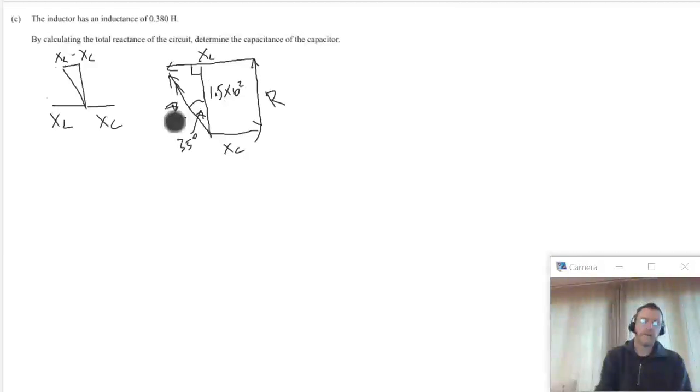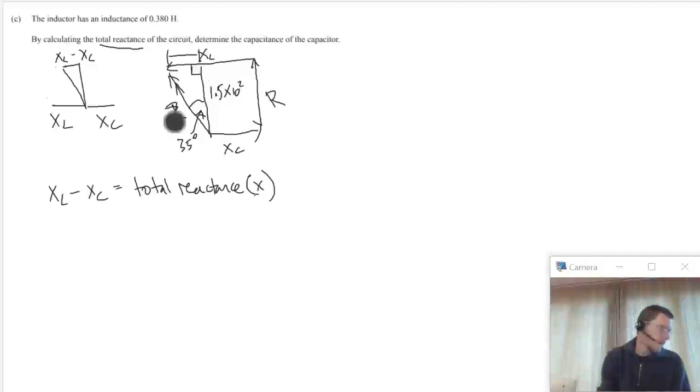What we actually want to start with is the total reactance. Now the total reactance is XC plus XL, which in this case, because they're in opposite directions, is actually XL minus XC. And we can use SOHCAHTOA again. In this case, we've got tangent of the angle equals the opposite over the adjacent.